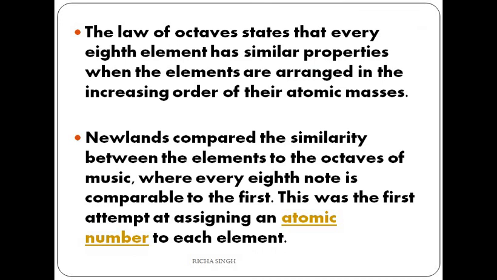And he thought that only 56 elements were existing at that time, and no more elements would be discovered. This belief was proved wrong because elements are being discovered each day, so there was no provision for additional elements.